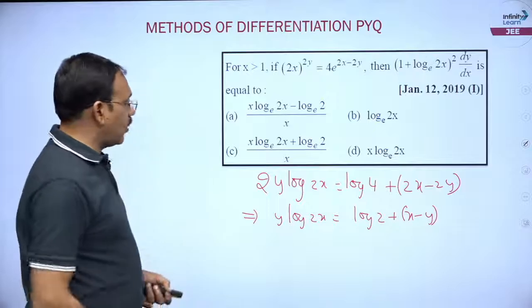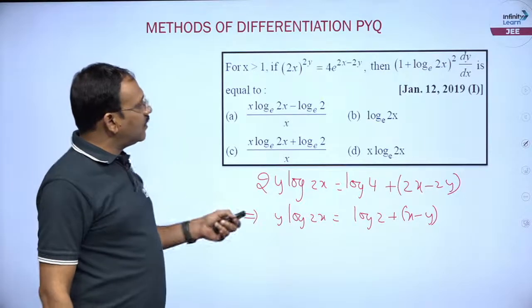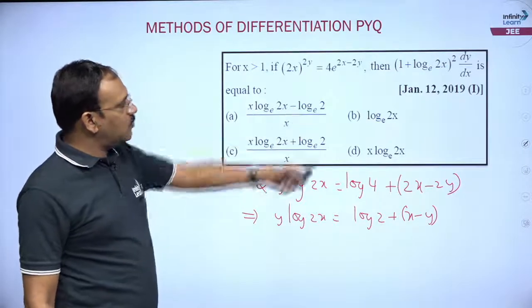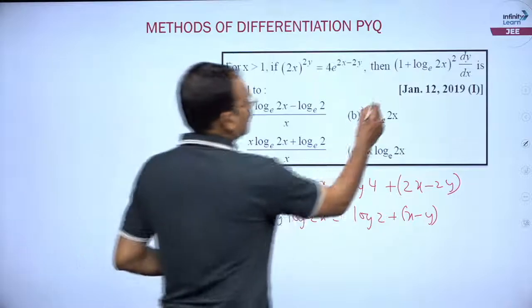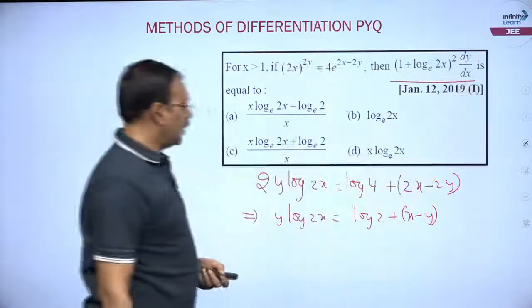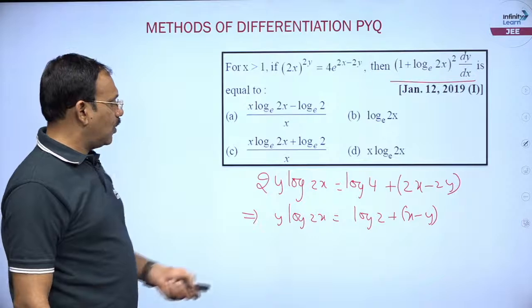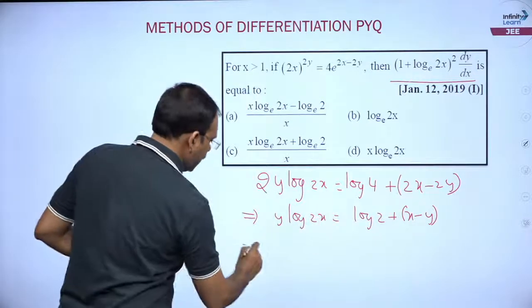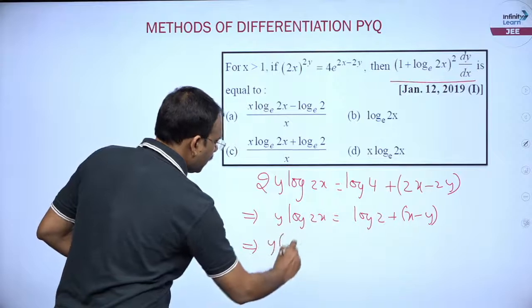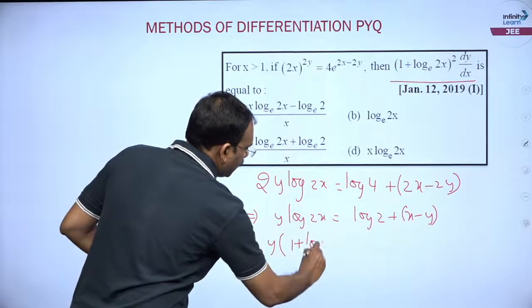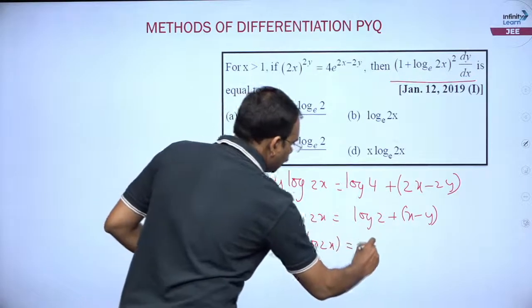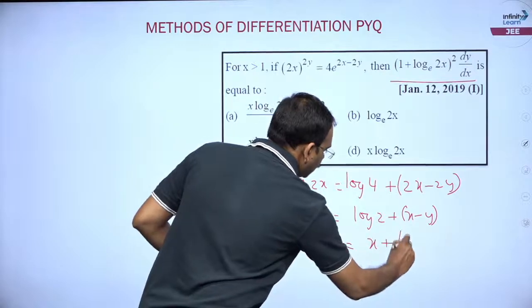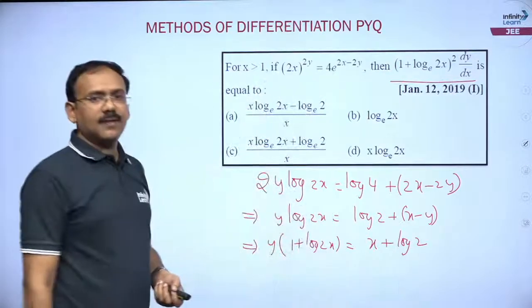I just want dy by dx into 1 plus 2x whole square, this expression I want. Yeah. So, you can do one thing, you take y common: y into 1 plus log 2x is equal to x plus log 2. Okay.